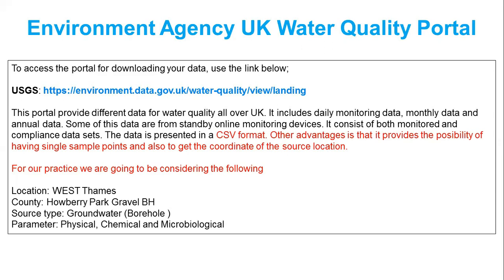And so in this website for the UK portal, the data format is in CSV. As you can see, it's in CSV, which is different from that of the US. And we are going to see a couple of things which are not really the same, but some parameters are similar, as we're going to see.